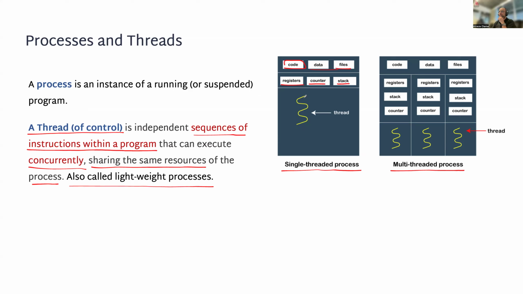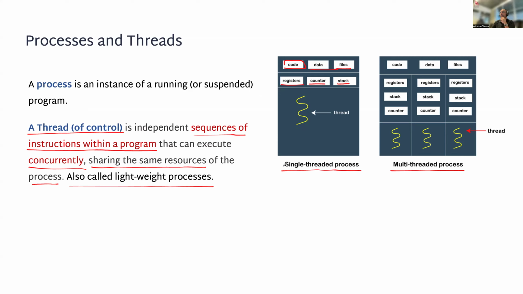This process has a single thread of execution, which means it can only execute one sequence of instructions. So with this definition, we can have multiple single-threaded processes, right?